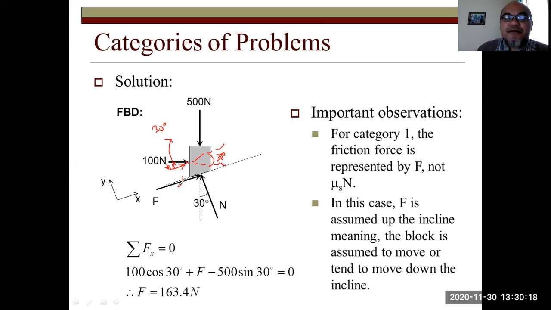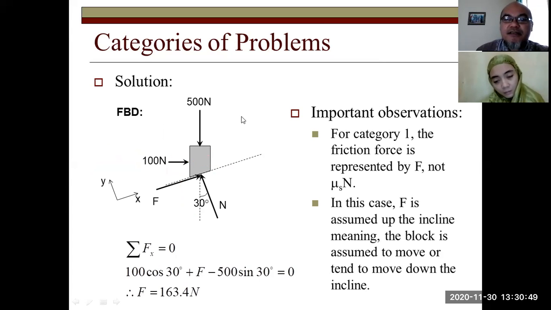That is why the x component of this 100 Newton, this value, is 100 Newton cosine 30 degree. And this one, this value, the y component is 100 Newton sine 30 degree, but with negative value because it is downward towards the slope, towards the surface, the slope surface. Okay, understand?